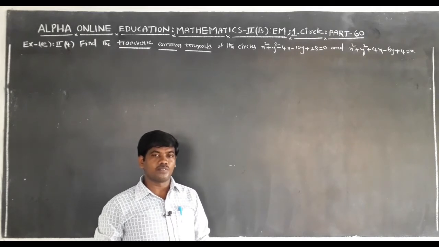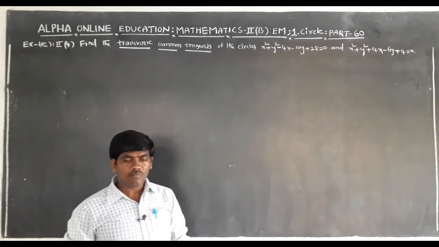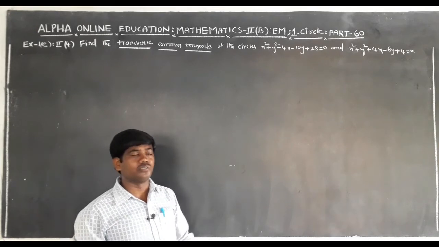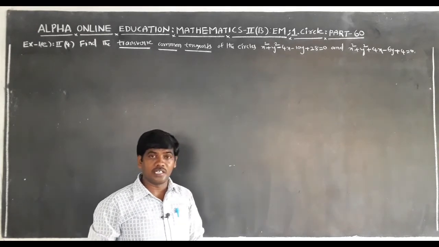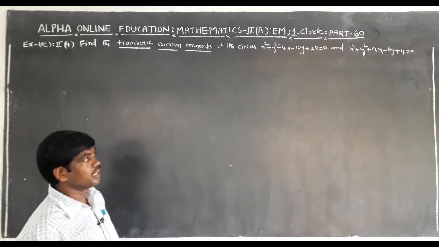So, here first of all find the internal center of similitude of the circles.